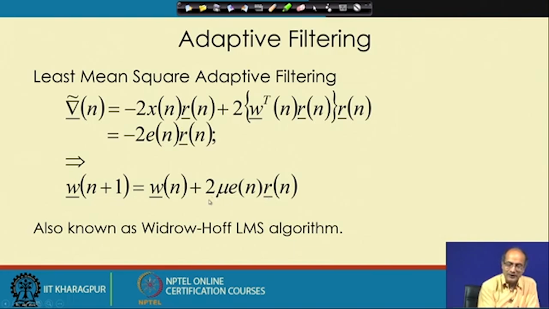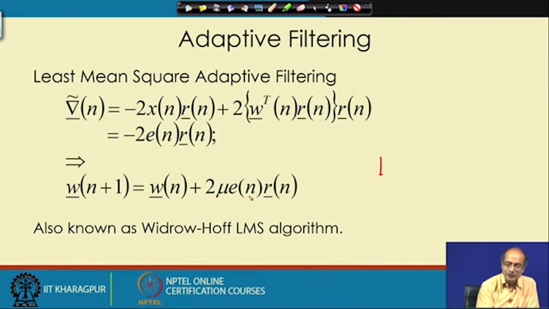Here, one multiplication: 2 mu is one scalar quantity, then another term is E n, and with that we are computing the change by multiplying with R n, which has dimension m into 1.